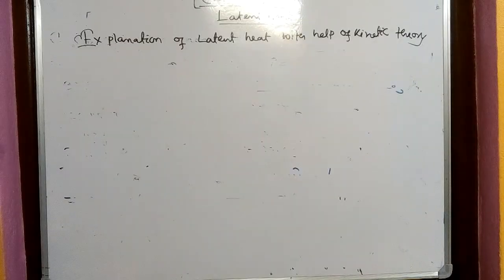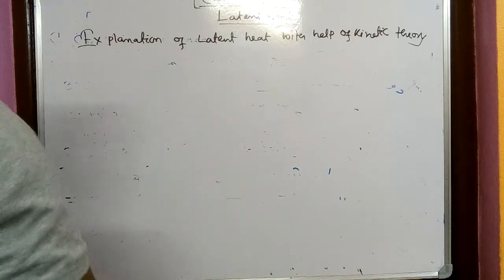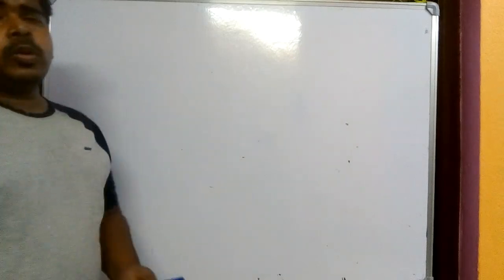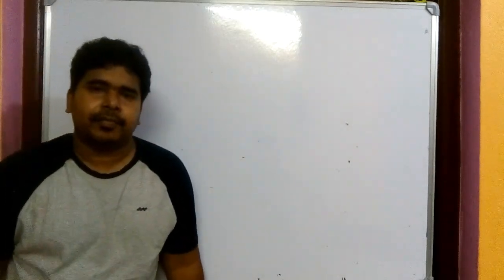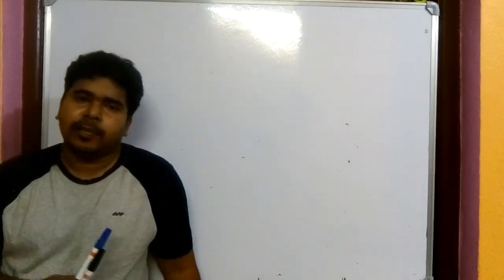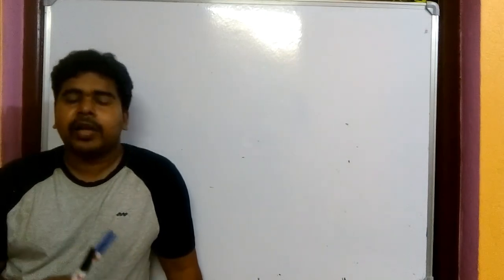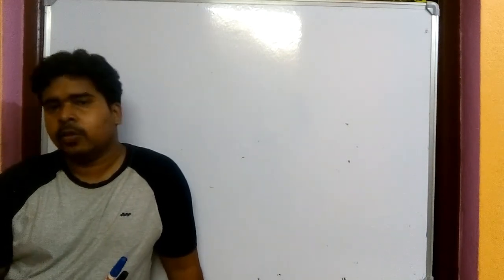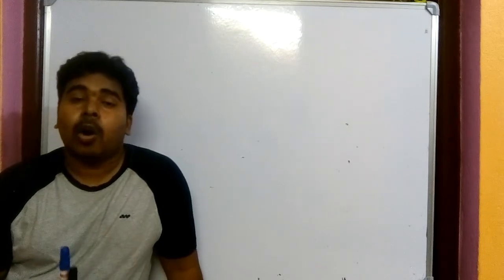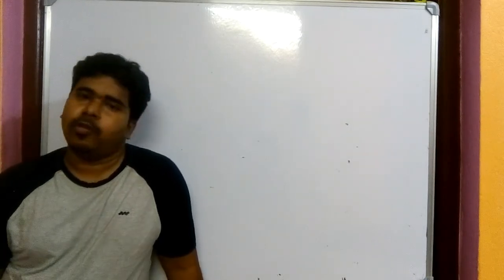Now I am just giving a little idea of the kinetic theory or kinetic model. See, we are discussing latent heat, and there we have learned about the latent heat of fusion of ice as well as the latent heat of boiling of water.